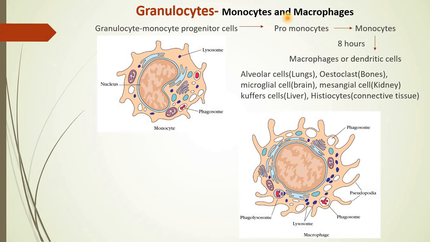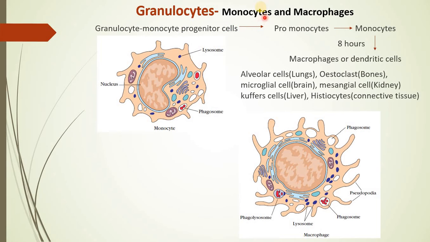Now both monocytes and macrophages have the same line of development, that is, as I said earlier at the beginning of this lecture, these cells are developed in the bone marrow, wherein the HSC, that is hematopoietic stem cell, gets differentiated into a progenitor cell.